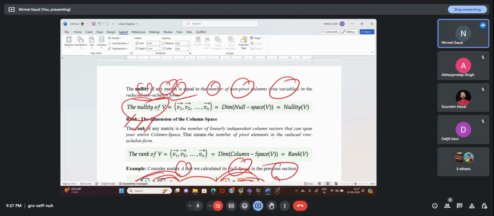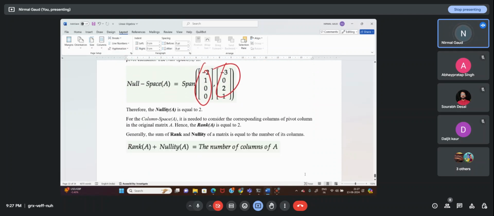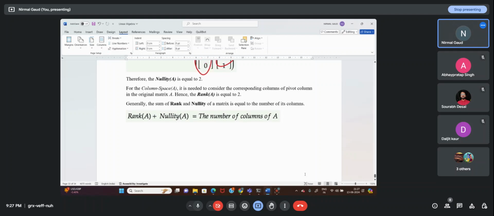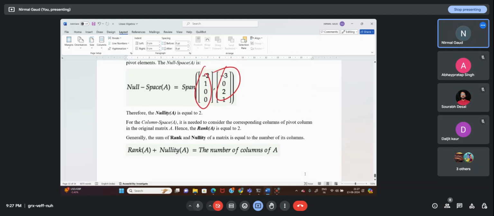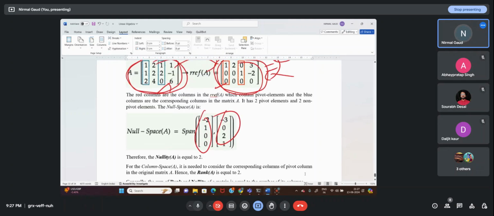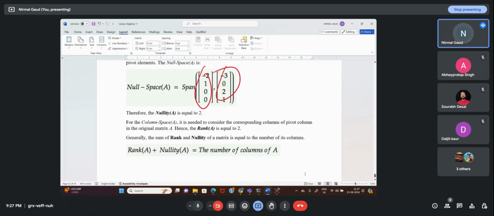Rank we have already done; I explained what rank is.